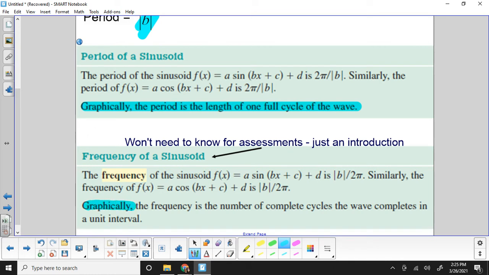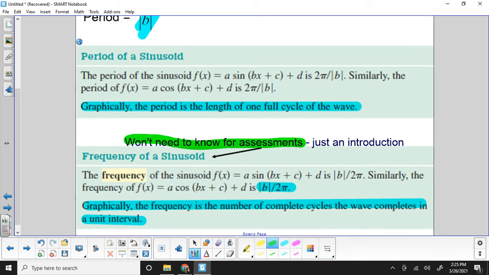Graphically, the frequency of the graph is the number of complete cycles it takes for a wave to complete in 1 unit of time. To calculate it, it's just the reciprocal, B divided by 2 pi. Again, the frequency of the sinusoid will not show up on assessments, but I just wanted you to know what that was. It will show up on some of your math Excels.